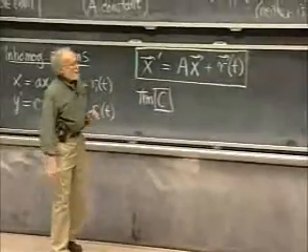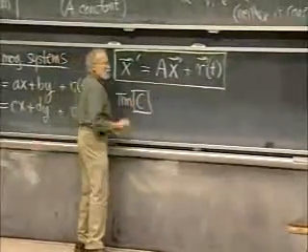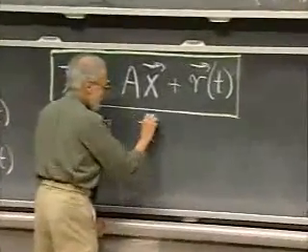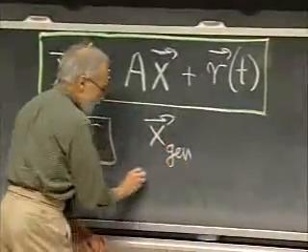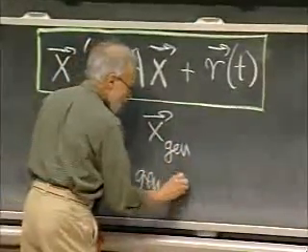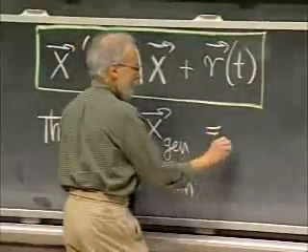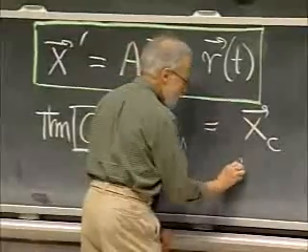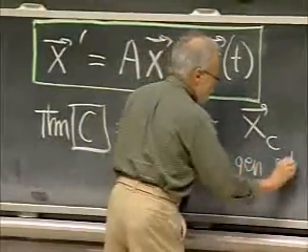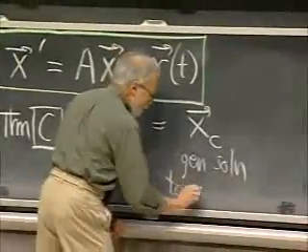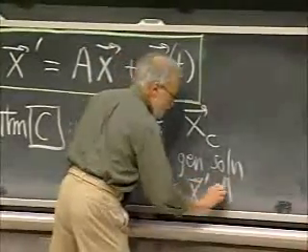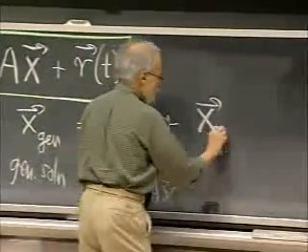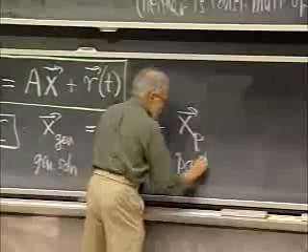A, B, yes, we're up to C. Theorem C says, you write it yourself, that the general solution to the system is equal to the complementary function, which is the general solution to x prime equals Ax, the homogeneous equation, in other words, plus, what am I going to call it? xp, right you are, a particular solution.